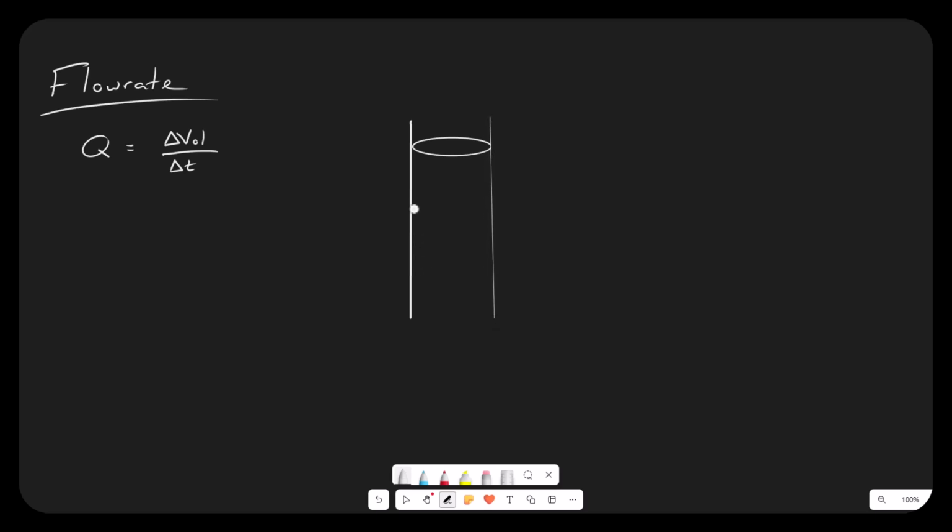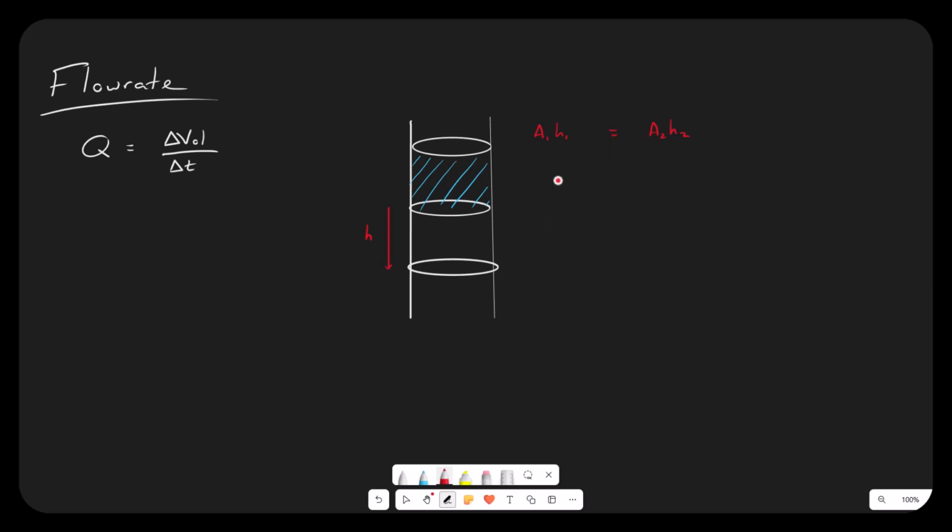If I have a column and I've got a certain amount of water here, and I want to move that water downward, so I'm going to move this water by some distance h. If I do that, I can say, kind of what I had before, like an A1H1 equals A2H2.